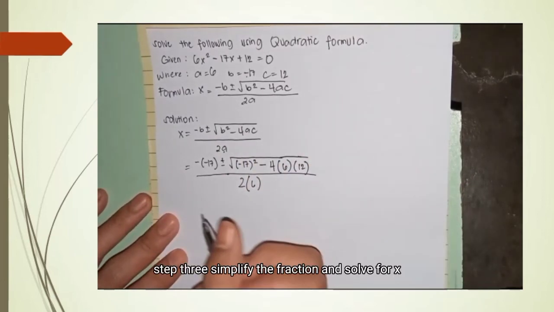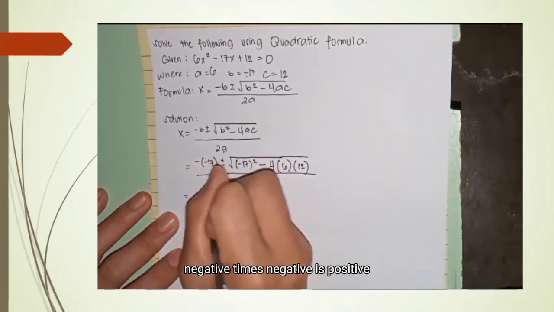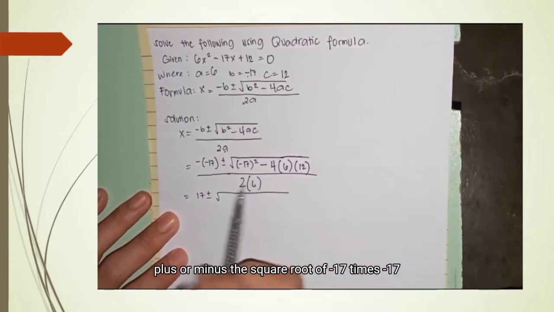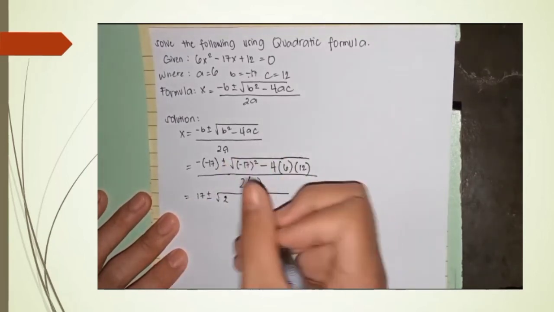Step 3. Simplify the fraction and solve for x. Negative times negative is positive. So we have positive 17 plus or minus the square root of negative 17 times negative 17.